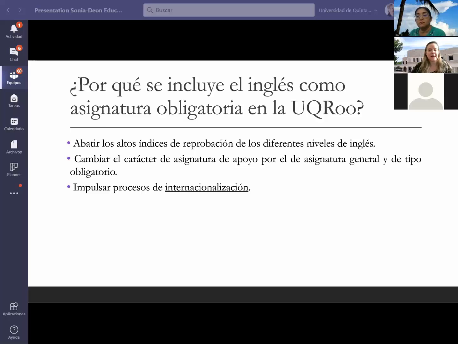Y el tercer objetivo tenía que ver con impulsar los procesos de internacionalización.